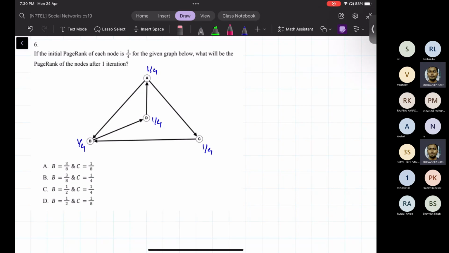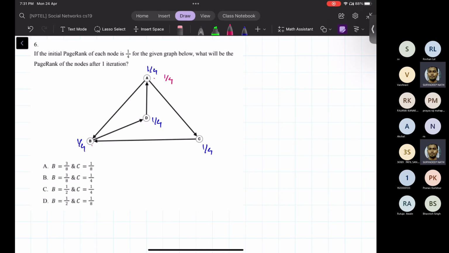The existing 1 by 4 is gone, but now A receives some page rank from its neighboring node. It receives the entire page rank from D. D has no other outgoing nodes; it goes only to A. So A's page rank after one iteration would remain 1 by 4 because D gave it to A.